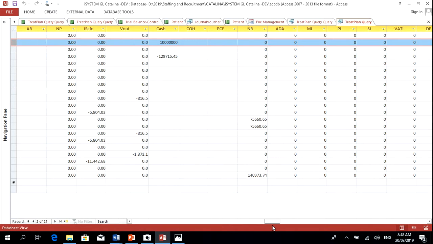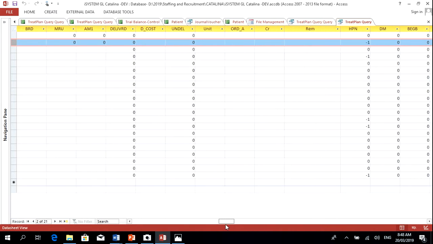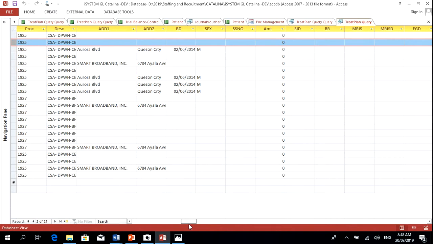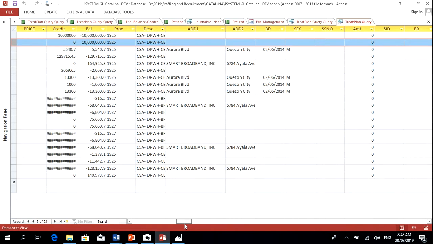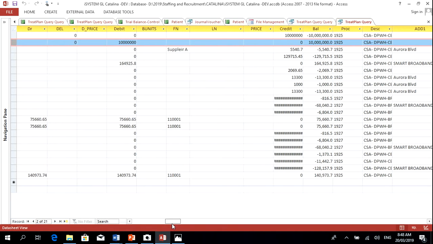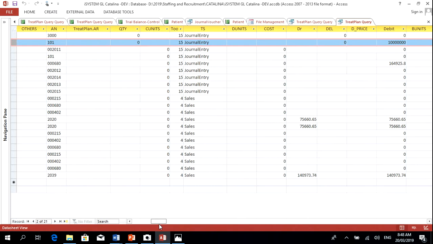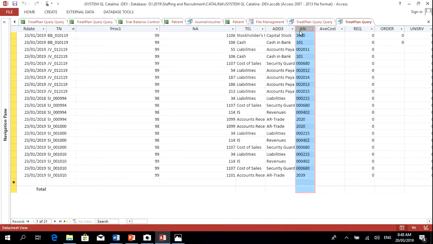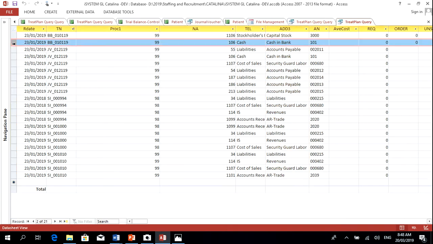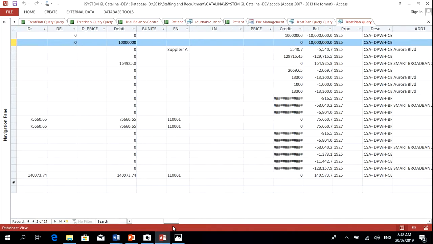We're looking for account numbers. There we go. This is what we need. Let's put it beside our account name. So remember our definition that our cash and bank is 101. This is how that account was captured here.